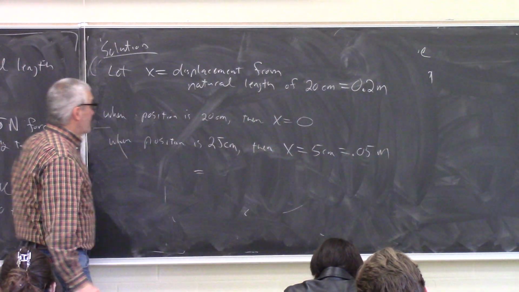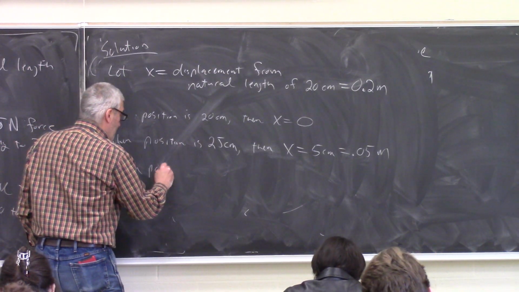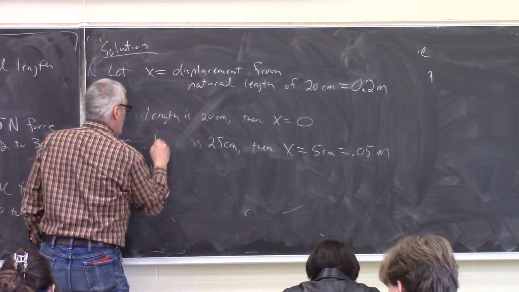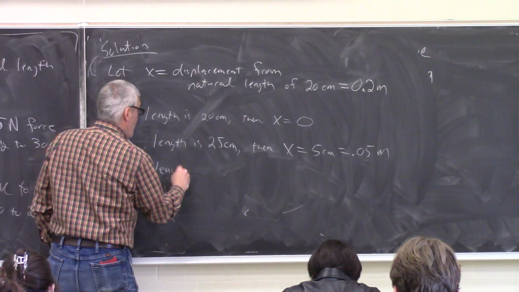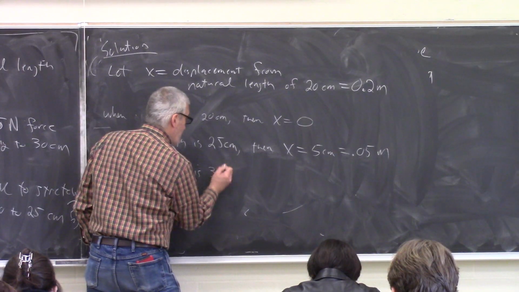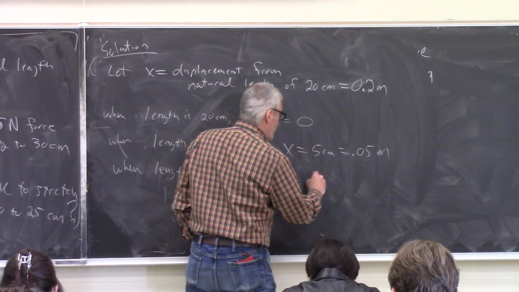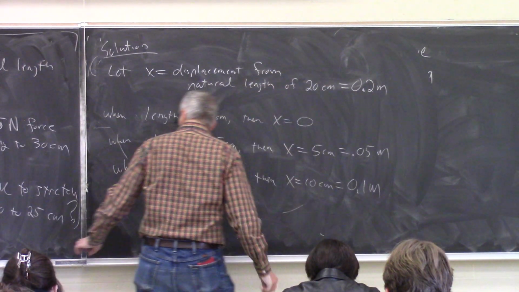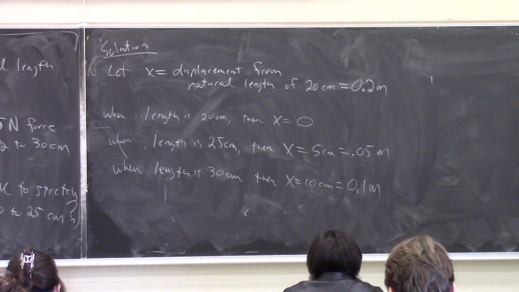And when the length of the spring is 30 centimeters, then x would be 10 centimeters, which is 0.1 meters. So just to get our variables established.